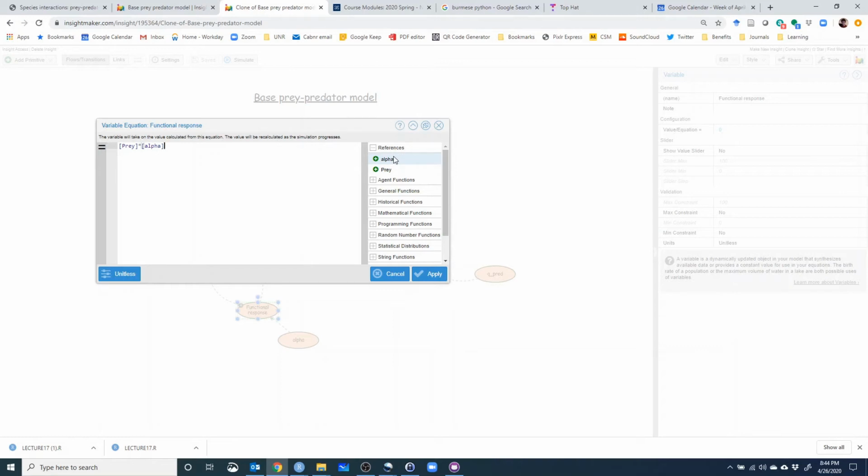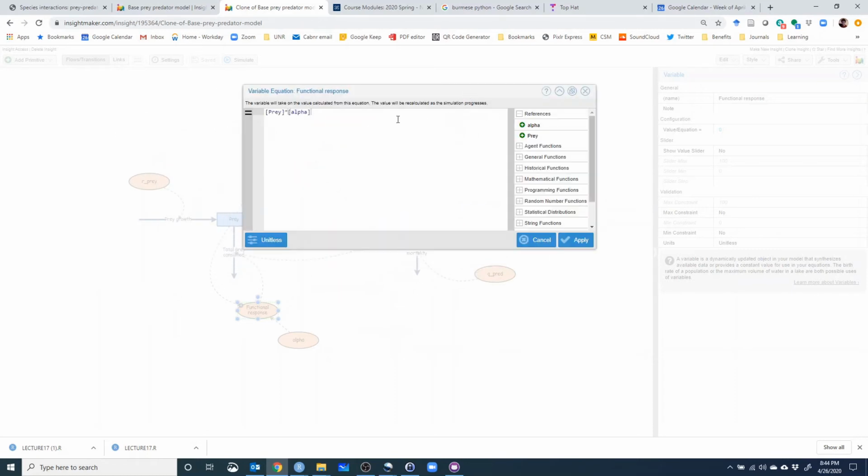And so it's this linear relationship. The more prey there are, the more prey are going to bump into predators randomly, and more prey are going to be consumed per predator. So that is the simple functional response model: alpha times prey, or prey times alpha, it doesn't matter.